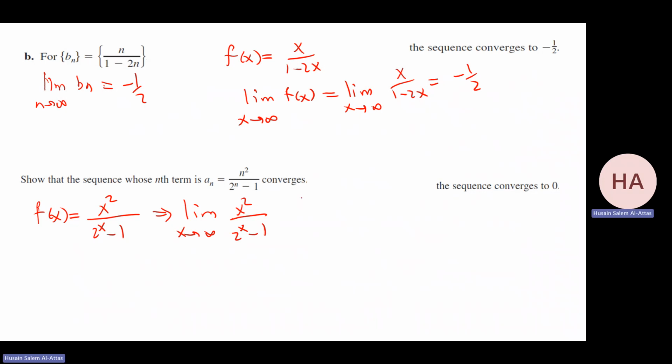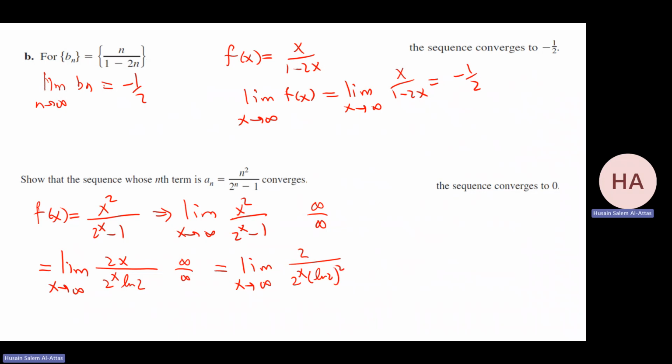If you apply it as infinity over infinity, I can apply L'Hopital's rule. I have the limit as x goes to infinity of 2x over 2 to the power x ln 2. Apply it again, I still have infinity over infinity. So this one equals the limit as x goes to infinity of 2 over 2 to the power x times ln 2 square.